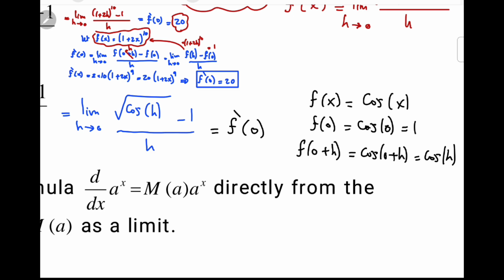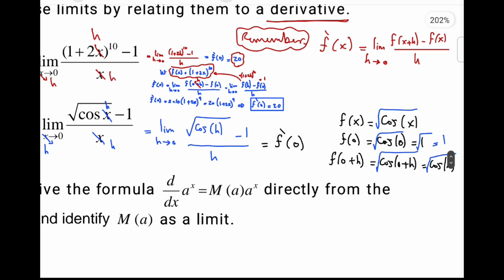So because of the square root, this should be the square root, and square root of 1 is equal to 1, the square root of cosine h. So it's clear now that this option works out.